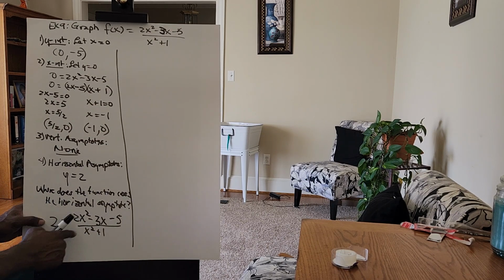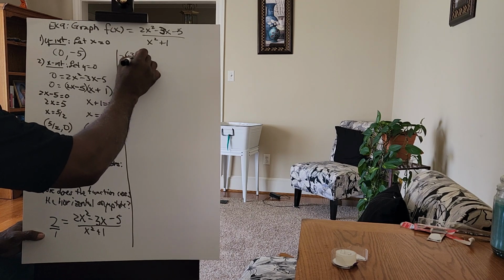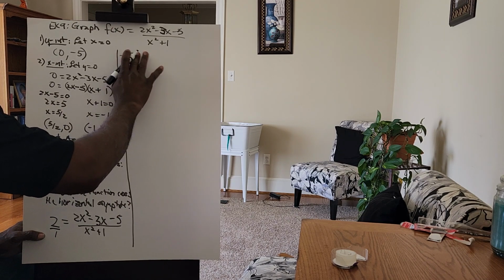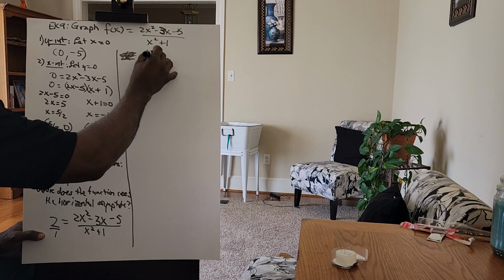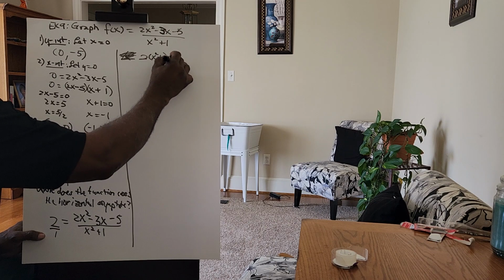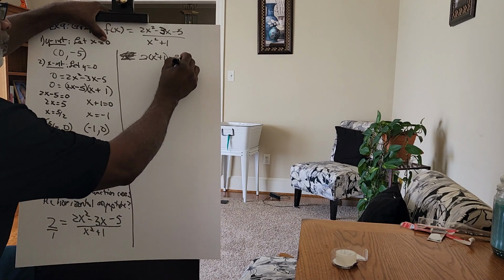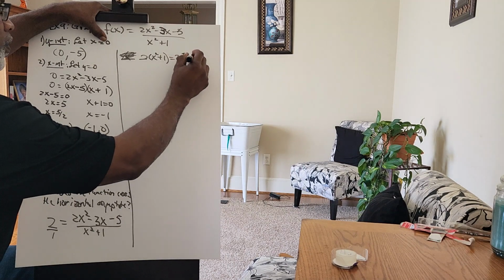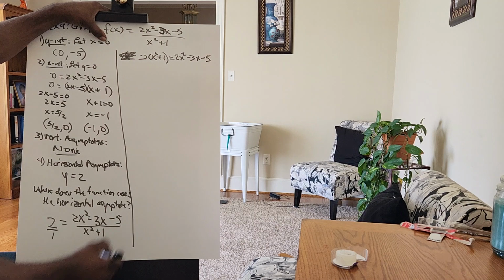And again, to solve this, I'll cross multiply, because this is the same thing as 2 over 1 equals that over that. So cross products are equal. So 2 times x squared plus 1 would be equal to 1 times this stuff, so 2x squared minus 3x minus 5.